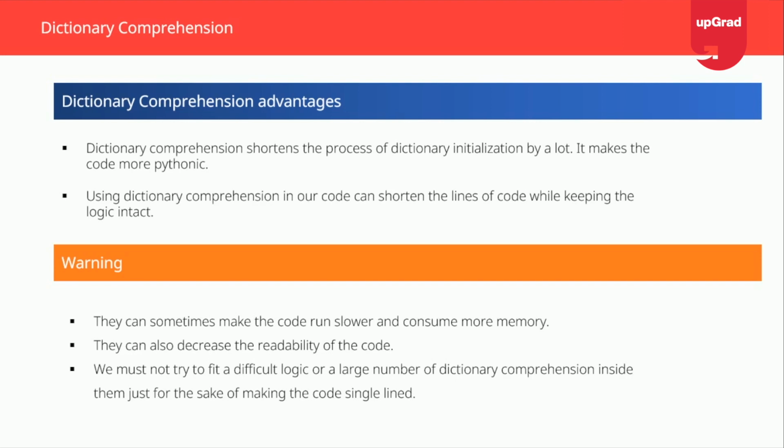So as an understanding, we must not try to fit a difficult logic in a dictionary comprehension, similar to list comprehension. If your problem statement requires you to write the code in the expanded form, like using a loop and a function in multiple lines, do not go for dictionary comprehension.